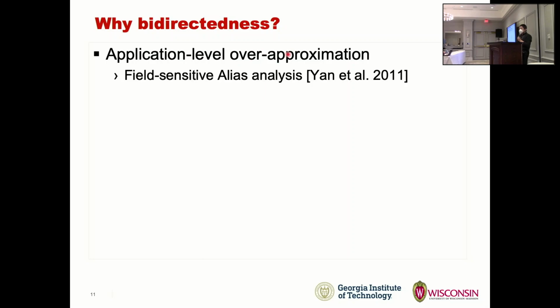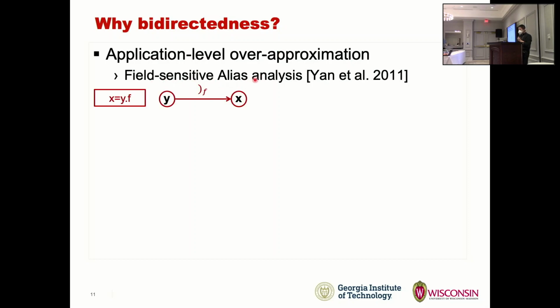And I believe that in the first half of the talk, we have already seen a case where for pointer analysis for C, we need to introduce the barred edges in order to formulate the problem as a CFL-reachability problem.